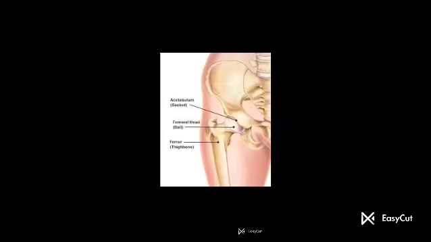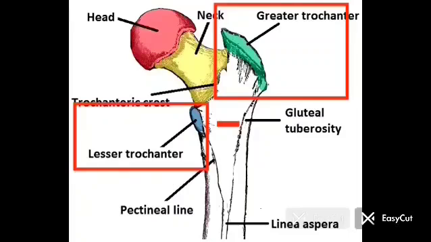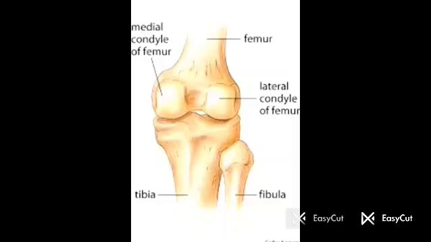In this cavity the head of the femur gets attached and forms a ball and socket joint, which we call the thigh joint. Next, there are some trochanters present, greater and lesser trochanters. They are rough elevations, and to these trochanters the muscles get attached.